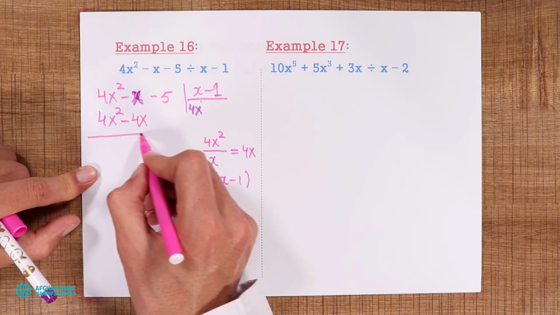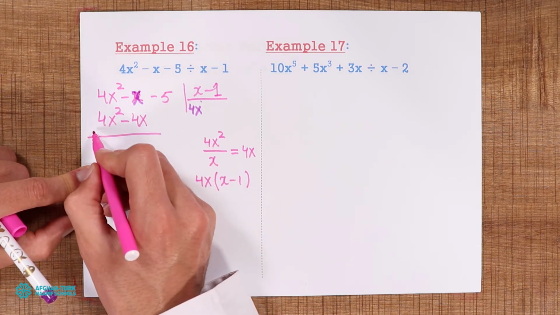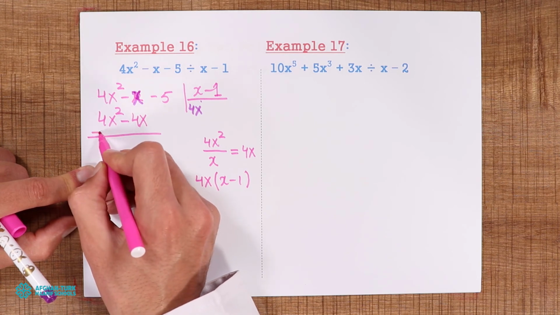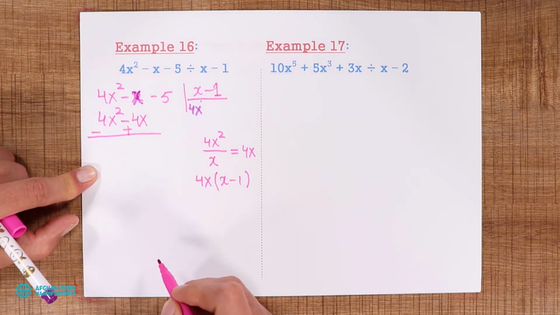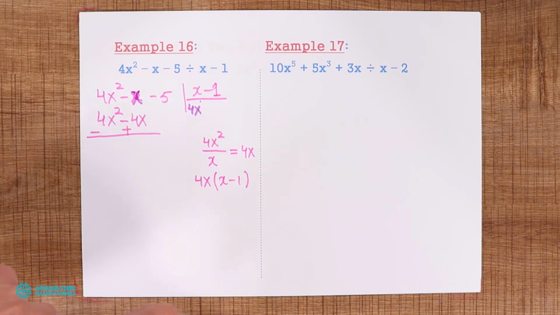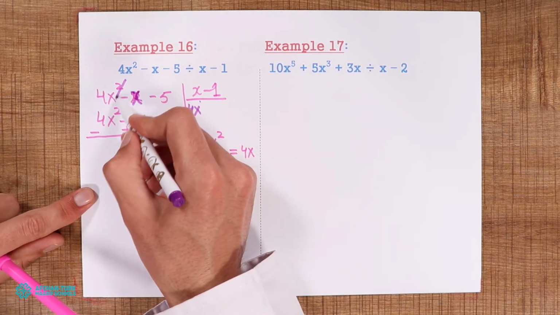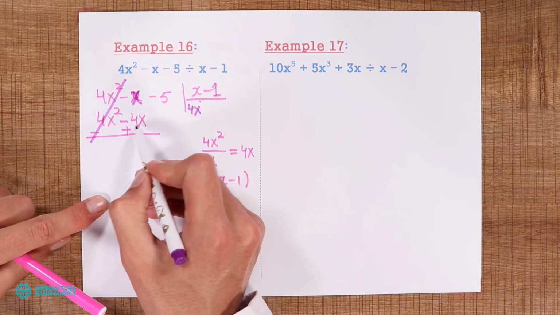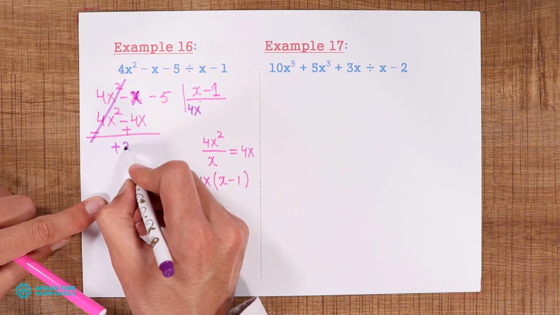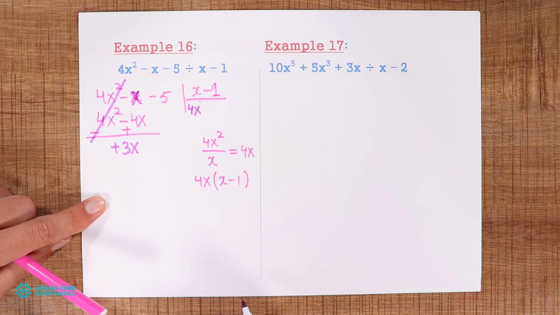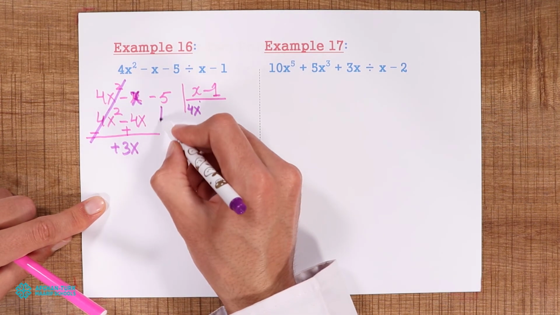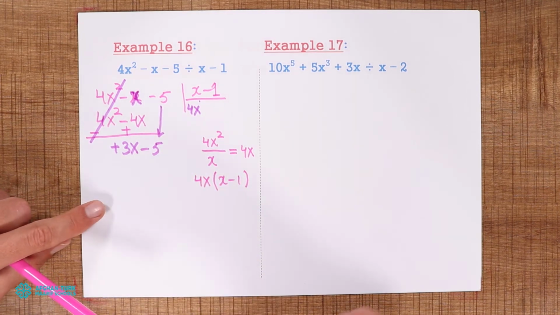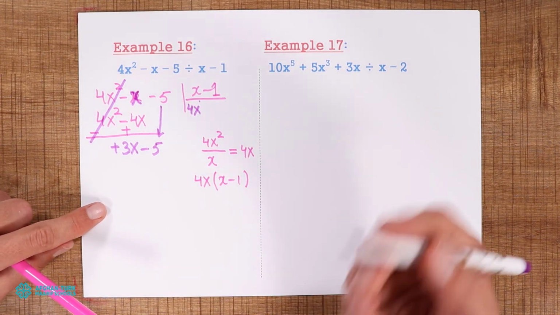After that, as in the division operation, you must subtract them, and when subtracting the signs change. 4x squared minus 4x squared cancels out. Minus x plus 4x is plus 3x. Bring down minus 5.